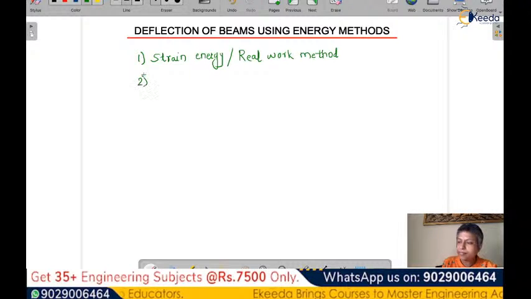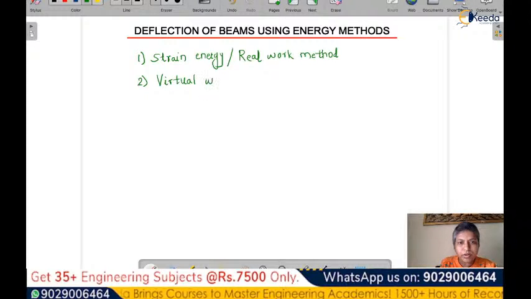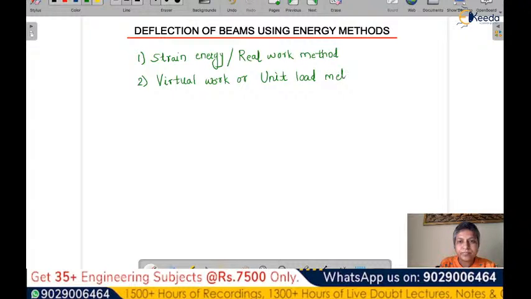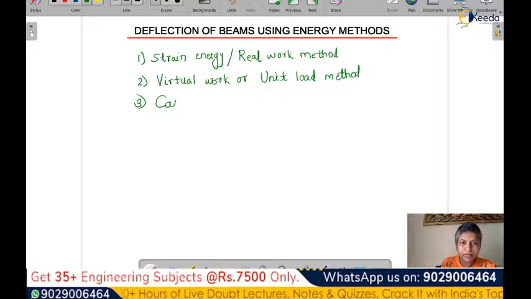Then there is the virtual work or unit load method. And then there is the third method, which is Castigliano's method.